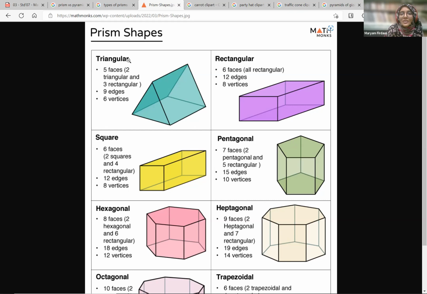But in general, we only talk about the triangular prism. Even in higher classes, you'll be studying reflection and refraction of light, what happens when light passes through a triangular prism. We don't really talk about the other types of prisms because rectangular and square prisms have a word for them, which is cuboid.